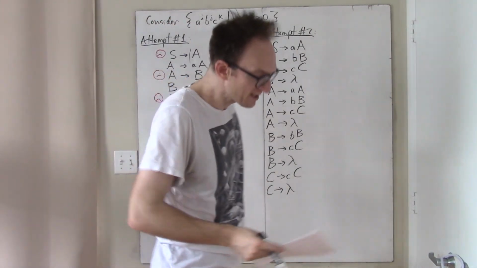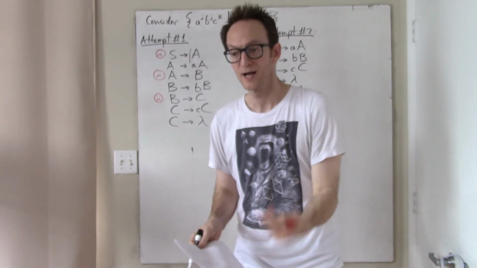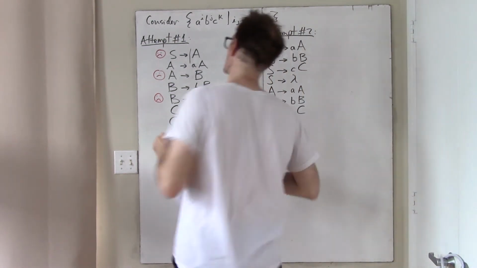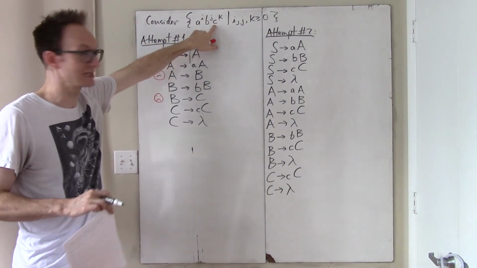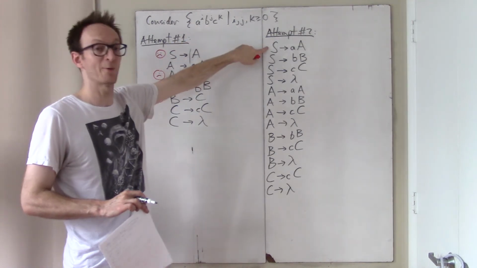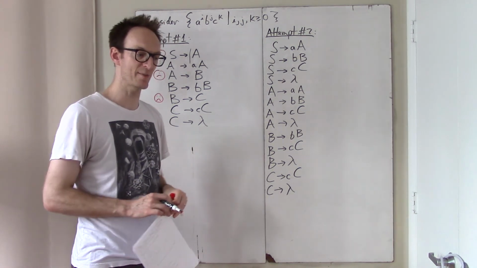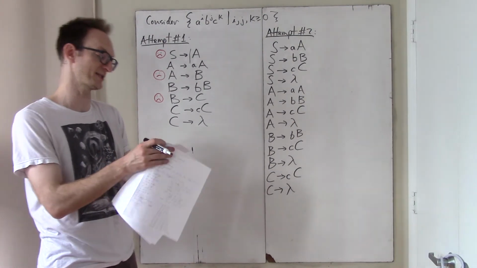Finally, I will note that a language is regular if there exists some regular grammar that generates it. So just because this non-regular grammar generated this language doesn't make this language non-regular, because there existed a regular grammar which generated this same language. So we say a language is regular if there exists some regular grammar that generates it.